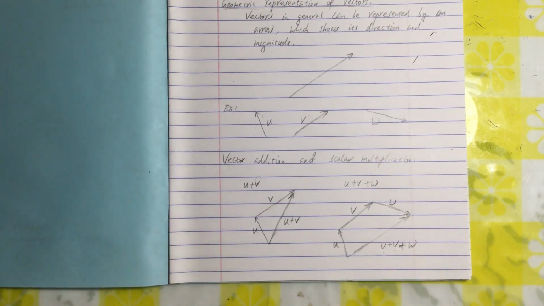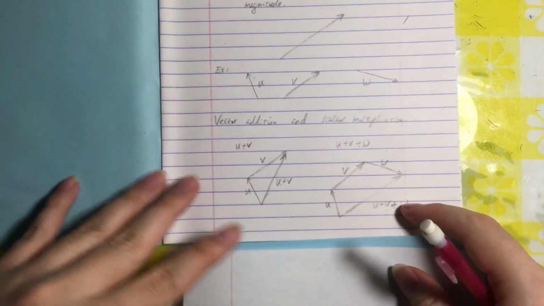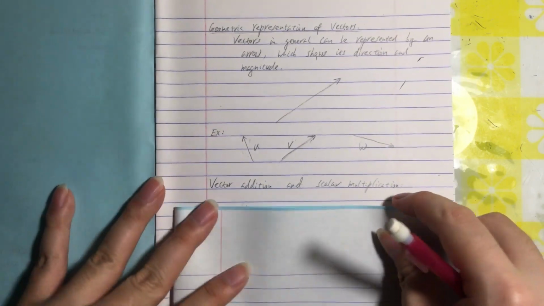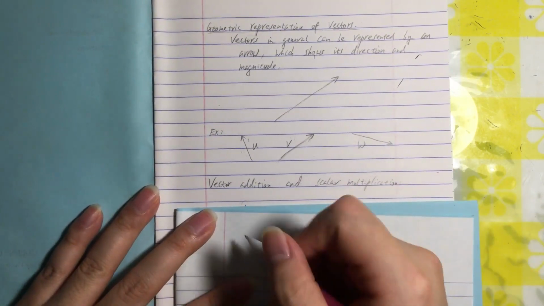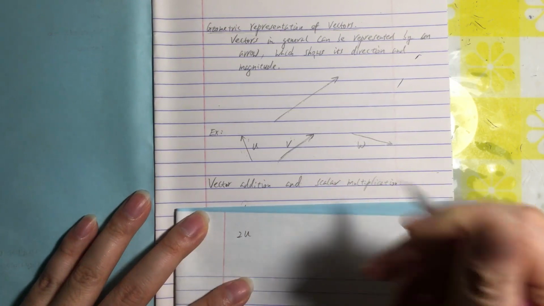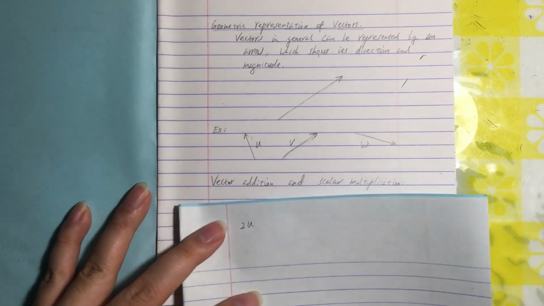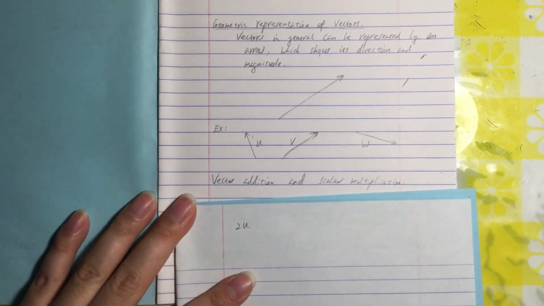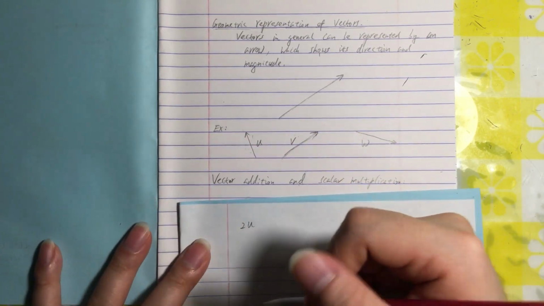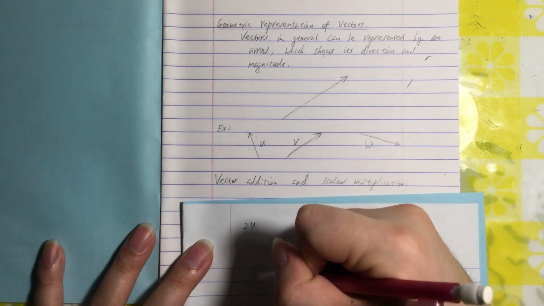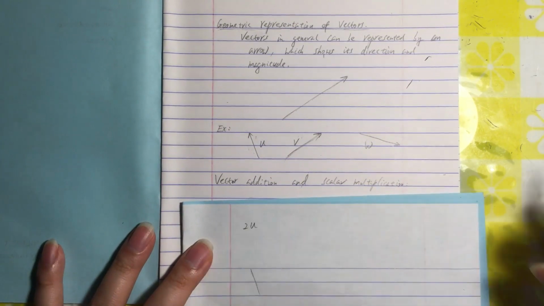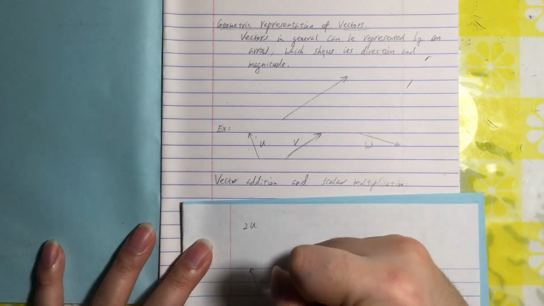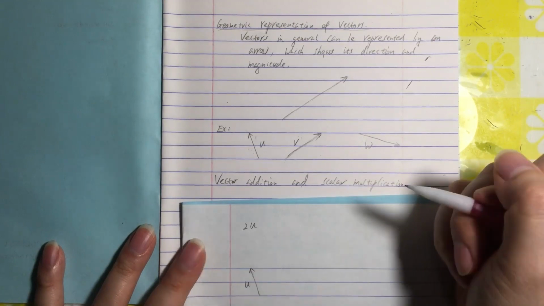Next, how about scalar multiplication? How can we multiply 2 times u? For 2 times u, we draw vector u first. That's vector u.